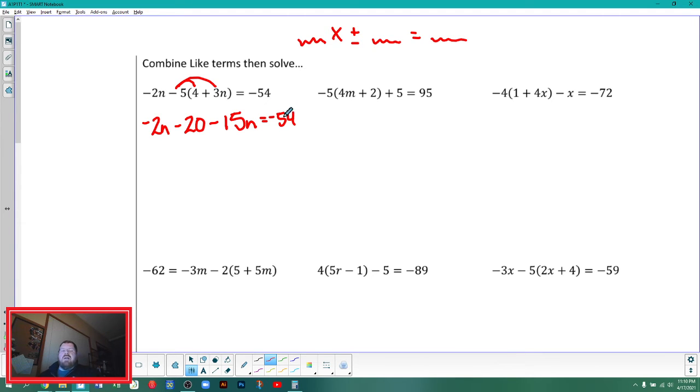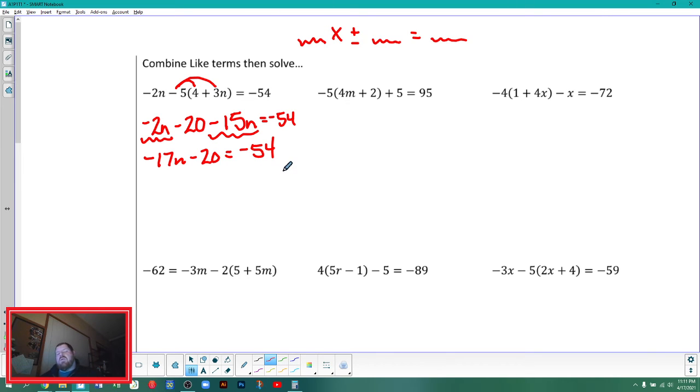Okay, now combine like terms. So I've got a negative 2n and a negative 15n. I have a lot of negatives in this problem. But when I put those two n terms together, I'll have negative 17n minus 20 is equal to negative 54.